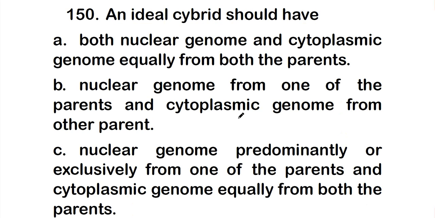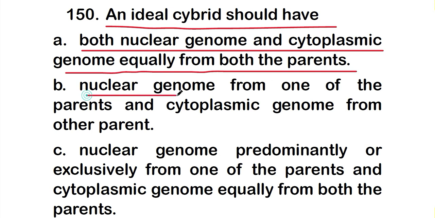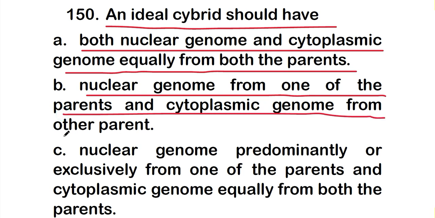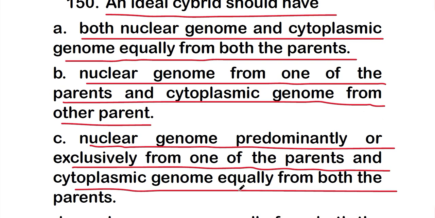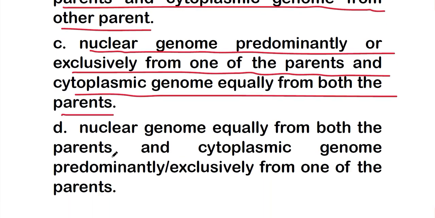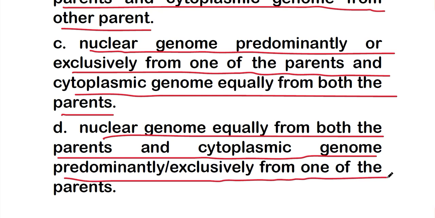Next is 150. An ideal hybrid should have option A both nuclear genome and cytoplasmic genome equally from both the parents, or option B nuclear genome from one of the parents and cytoplasmic genome from the other parent, or option C nuclear genome predominantly or exclusively from one of the parents and cytoplasmic genome equally from both the parents, or option D nuclear genome equally from both the parents and cytoplasmic genome predominantly or exclusively from one of the parents.